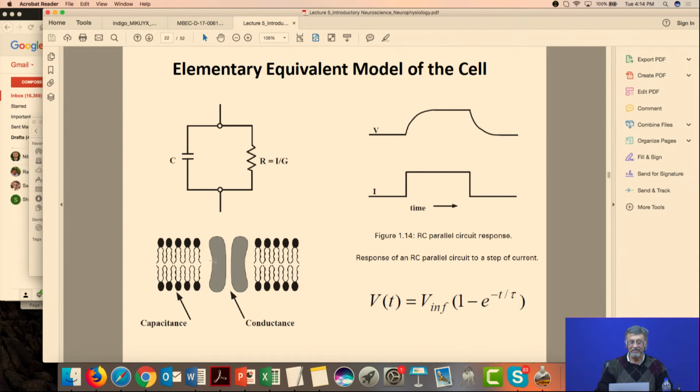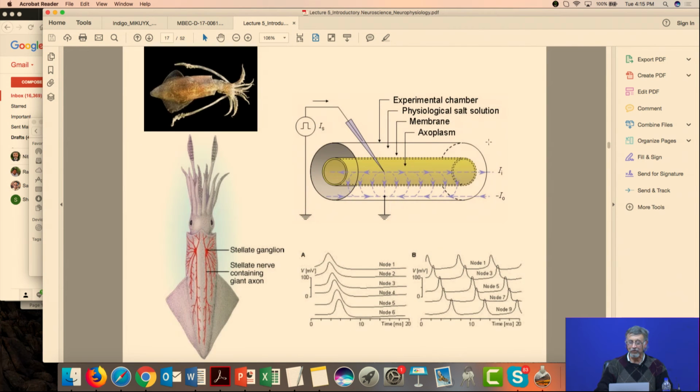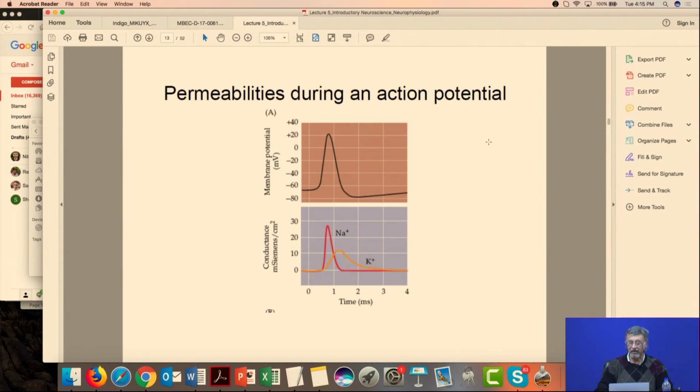Lipid as a capacitance, channel as a resistance or conductance, and now you can see that if you apply a voltage across, or in this case a current, you get a change in membrane potential because the capacitor is charging and then discharging. You got it? Now it is starting to make sense, that little bump we saw earlier.